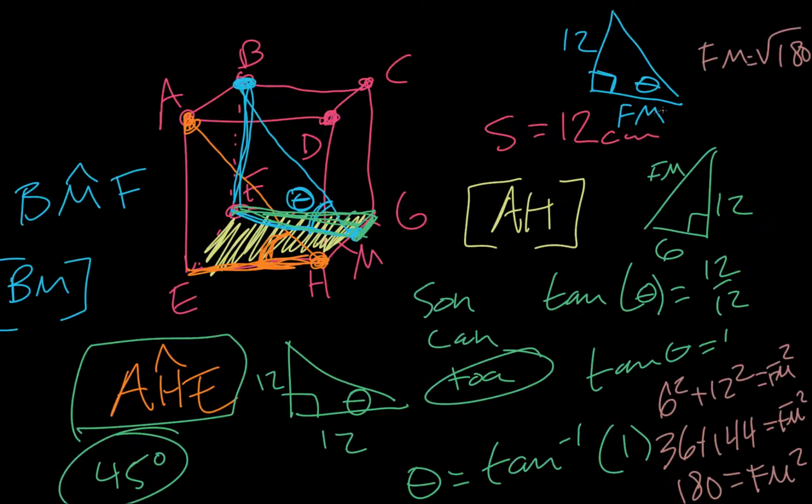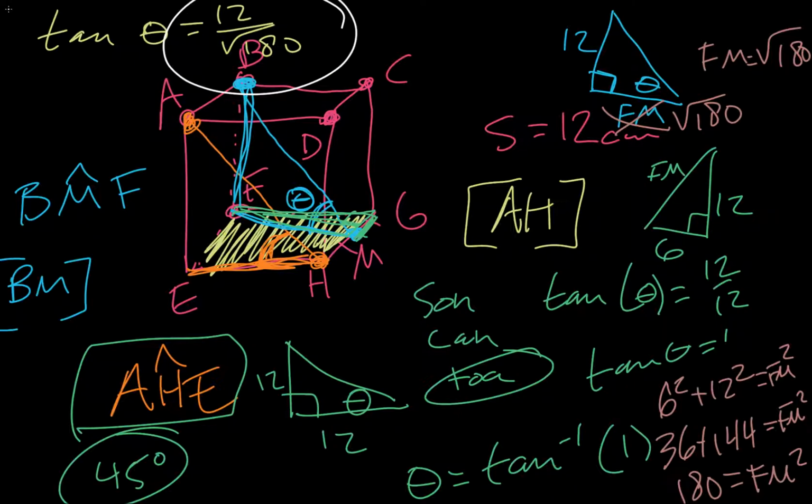Okay, so now I can plug that in here. Then we just use our right angle trig. This is going to be a tangent situation. And so we have tangent theta equals opposite, which is 12, over adjacent, which is the square root of 180. And then we use inverse tangent of this number to get that.